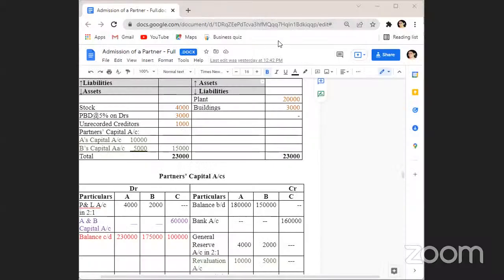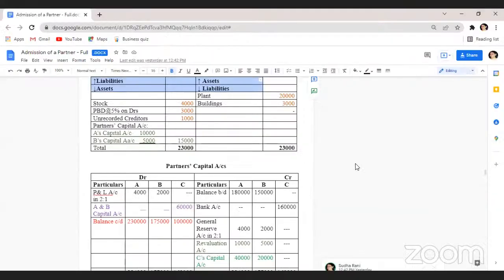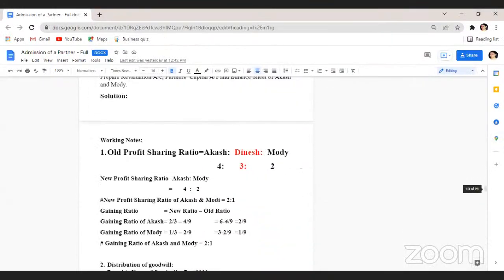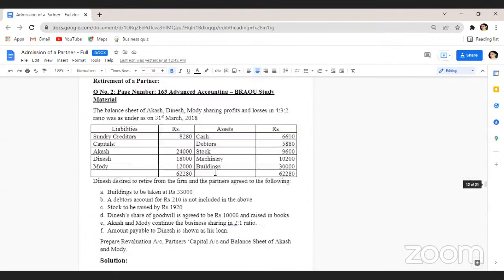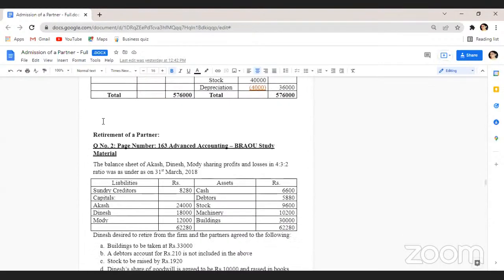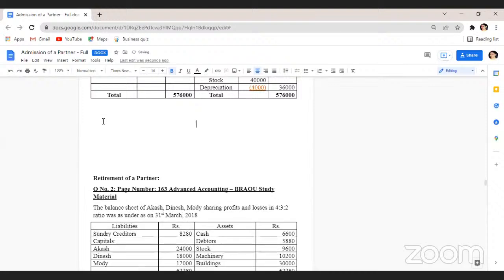In the balance sheet, we have to write it twice, ma'am? In the new balance sheet, only the new partner's share of goodwill will come, and not the old one, because the old goodwill you have already distributed to the partners.